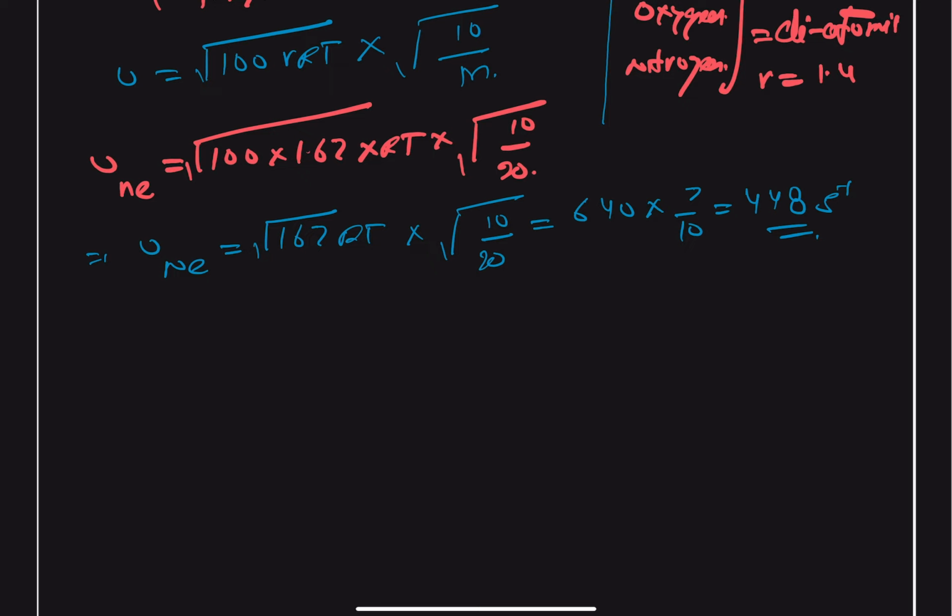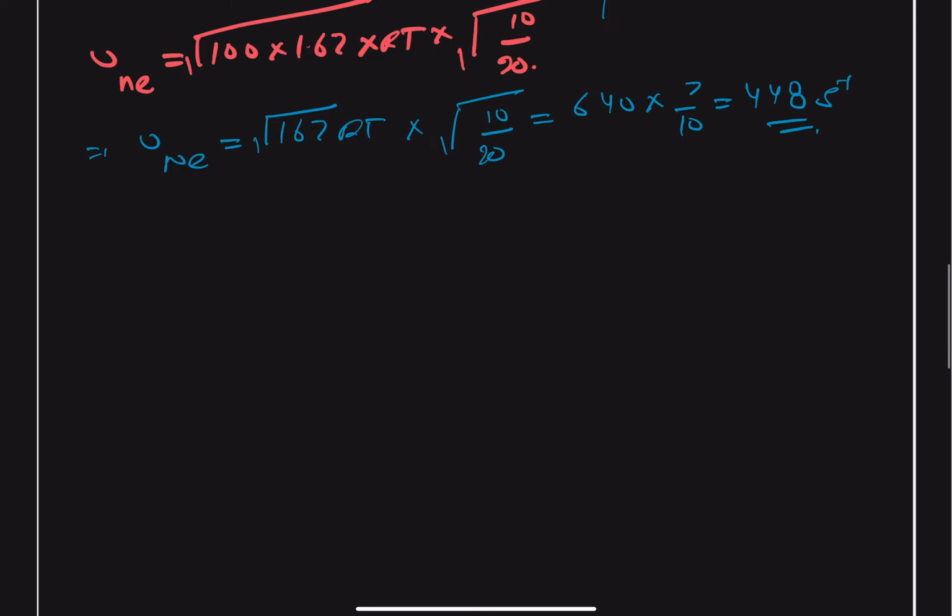Similarly, we are going to find V argon, the velocity when we use argon gas, and similarly we get the square root of 167 RT multiplied by 10 upon 36, and its square root.